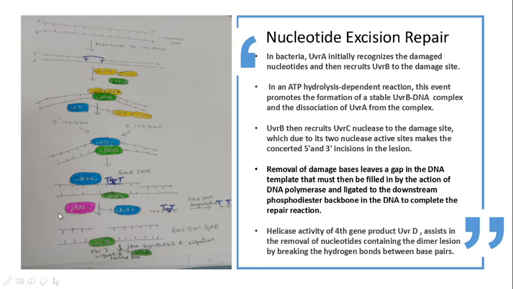Then UvrD, which has helicase activity, will assist in the removal of nucleotides containing the dimer lesion, breaking the hydrogen bonds between the base pairs.